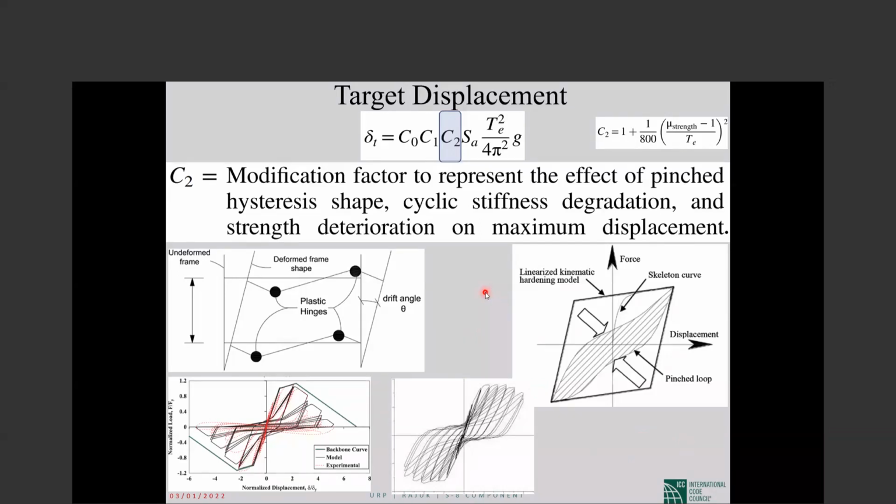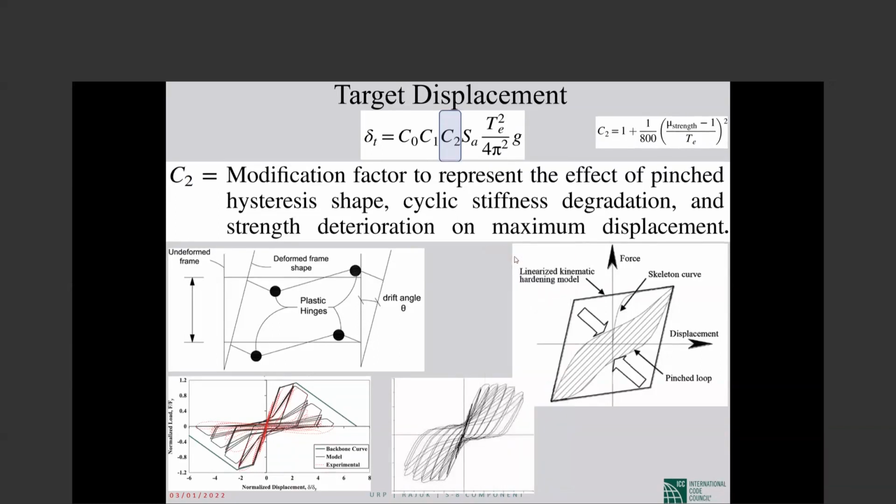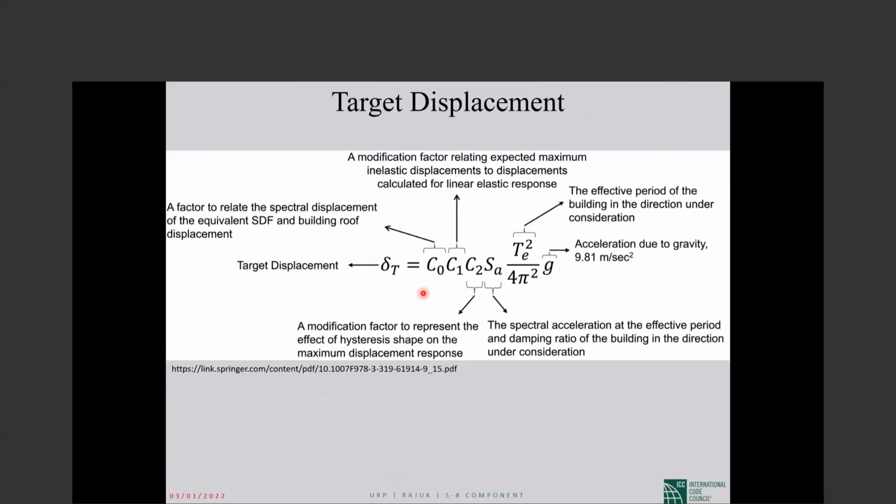So for these three factors, in the evaluation of target displacement, if we again just concentrate on the formula, the target displacement is the estimation of the top displacement of the building during a specific level of earthquake.